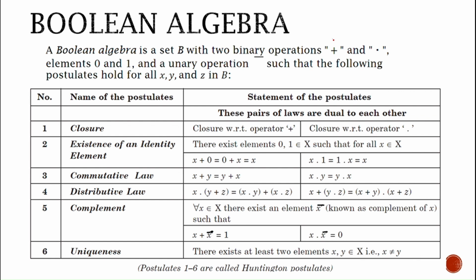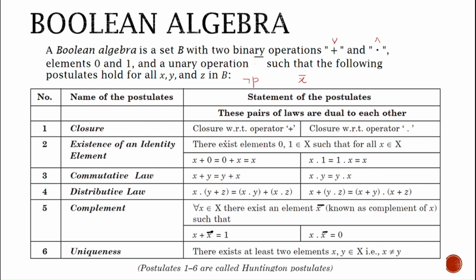The plus refers to the OR operation or the disjunction, which we have studied in propositional logic, and dot is used in place of AND or conjunction. And this complement, like we write x complement, is like the negation of some proposition p. And the algebra is such a structure which satisfies certain properties.